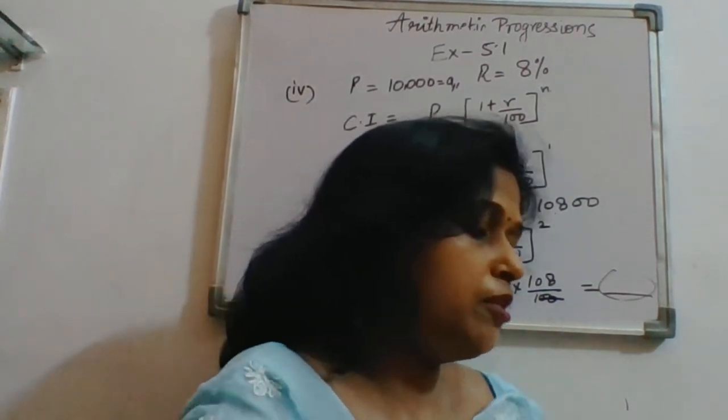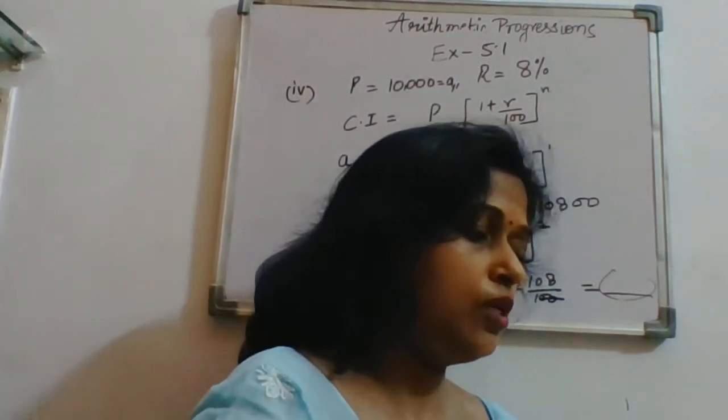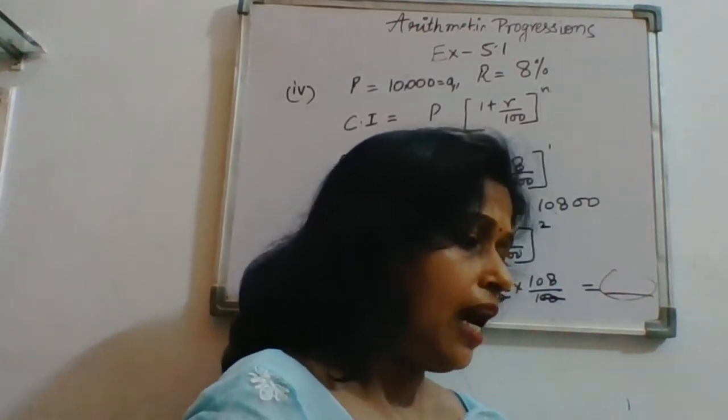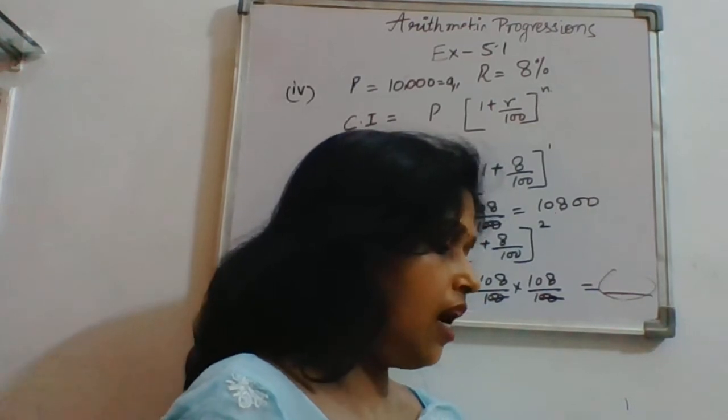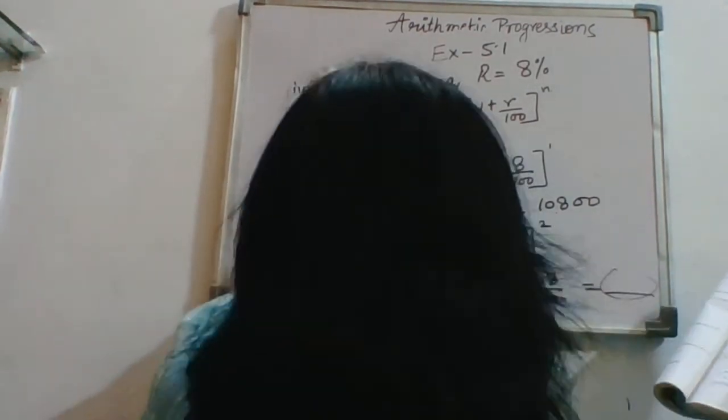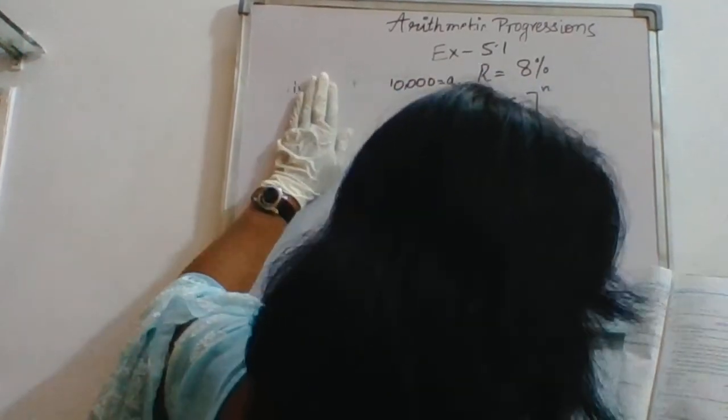Now see question number 2. Write first 4 terms of the AP when the first term A and the common difference D are given to us. First term and common difference is given, and we have to find here the first 4 terms of the AP.